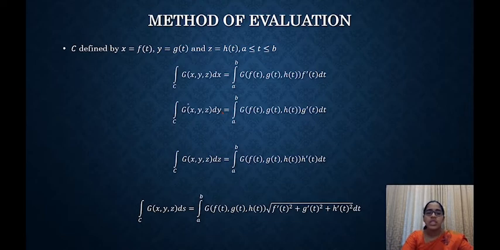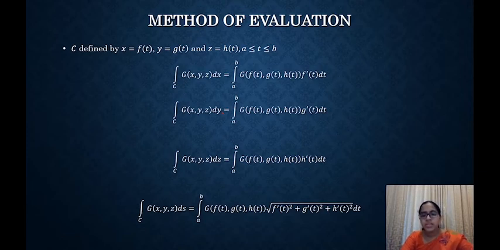And the integral over C of g(x, y, z) dy will be the integral from a to b of g(f(t), g(t), h(t)) times g'(t) dt. And the integral over C of g(x, y, z) dz will be equal to the integral of g(f(t), g(t), h(t)) times h'(t) dt.